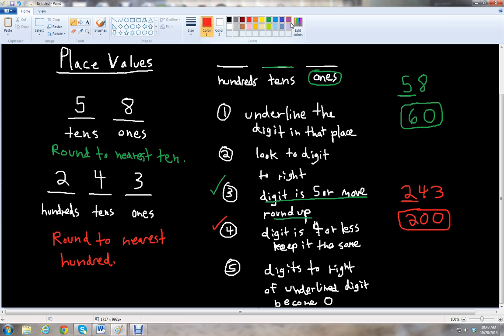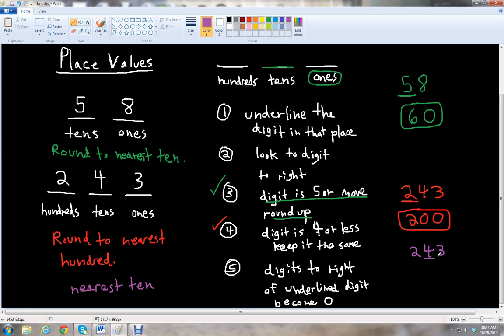Now, what if we wanted to round to, let's say, the nearest 10? So we take 243. We find the tens place. That's going to be the 4. So we underline the 4.